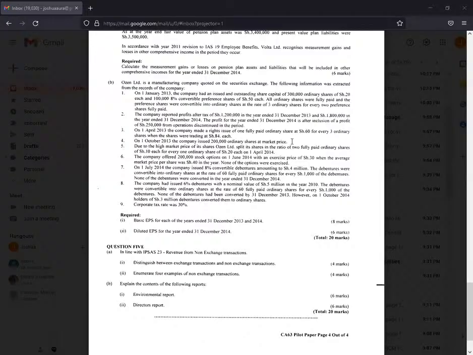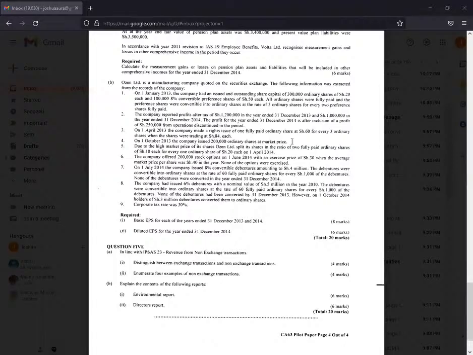What happened here? We issued how many shares here, somebody? We issued 200,000 ordinary shares. This is a full market price.